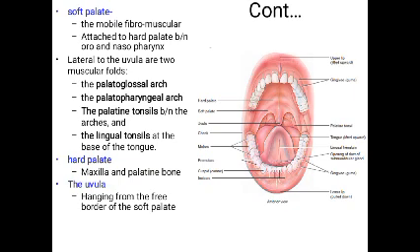Hard palate: maxilla and palatine bone, the uvula hanging from the free border of the soft palate.